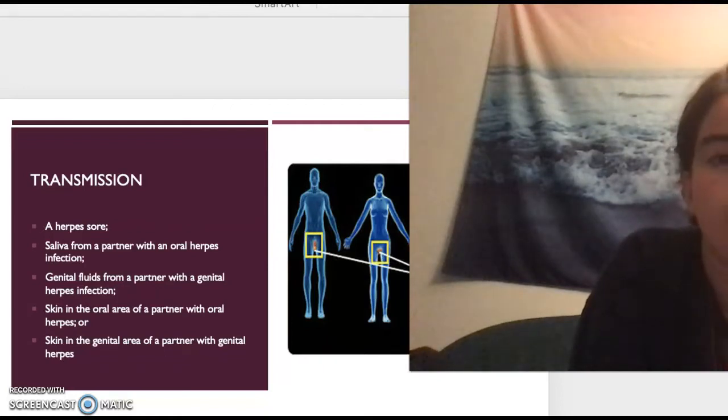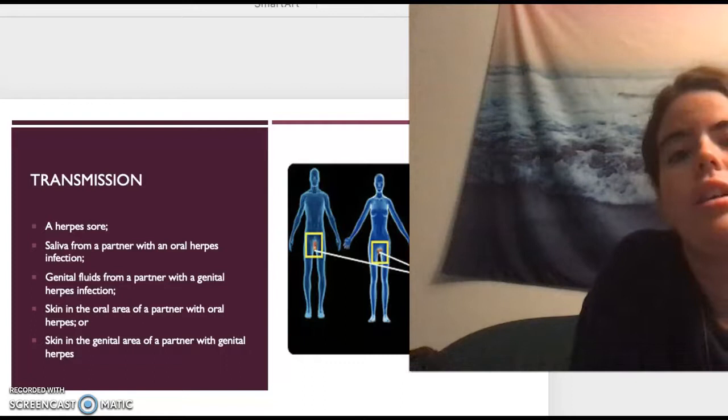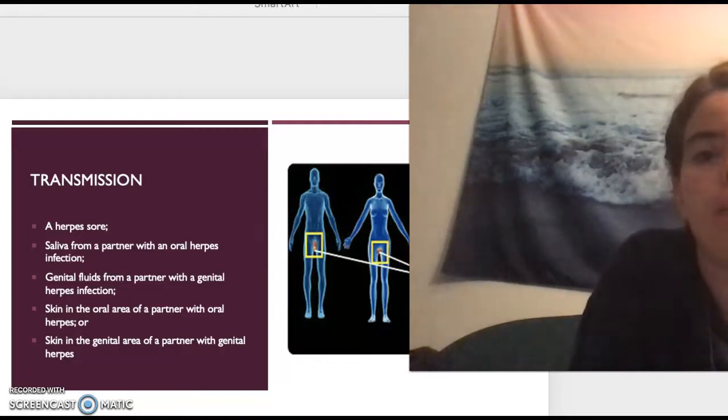So how do you transmit herpes? Herpes is most generally identified by the sores, which are shown in the image here. These sores can occur during childhood or young adulthood from non-sexual contact with saliva, especially from HSV1.